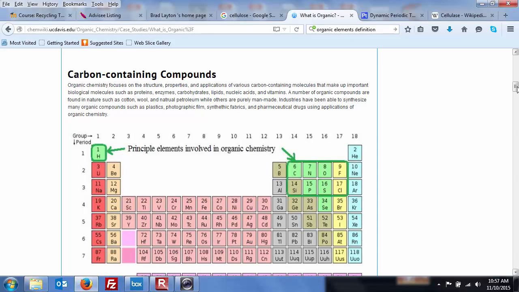Typically, I just mentioned proteins, for example, as for cellulase, an enzyme. A lot of times, proteins are just given the nickname of CHON, C-H-O-N, because the majority of all organic molecules are comprised primarily of carbon, hydrogen, oxygen, and nitrogen, or CHON.